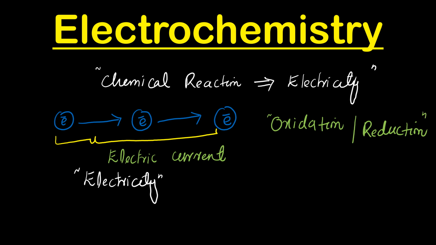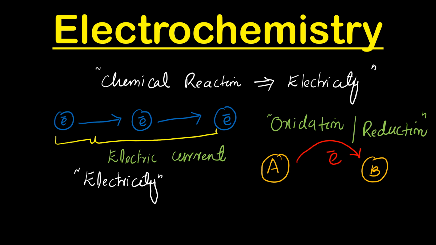In an oxidation reduction reaction, suppose this is an atom A and this is an atom B, electrons are transferred from one atom to another atom.